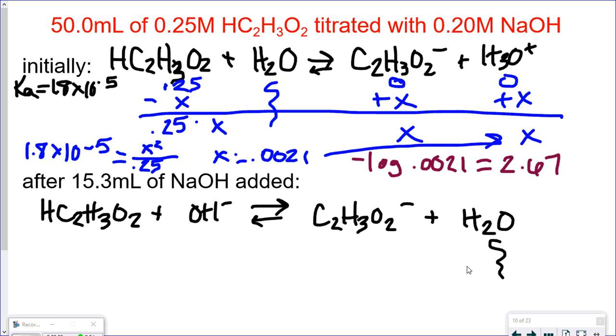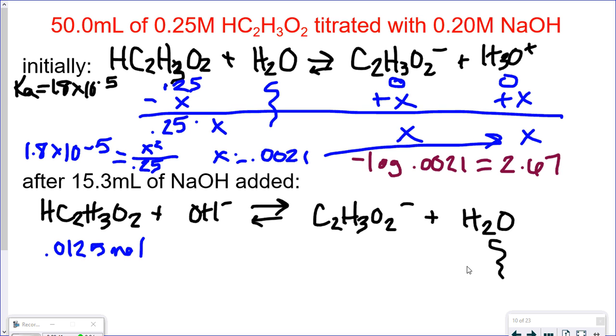So in terms of moles, remember to find moles, you have to do molarity times volume. So if we do that for our acid, the 0.25 times the 50 milliliters, we're going to get 0.0125 moles of the acetic acid. We need to do the same thing with our base.